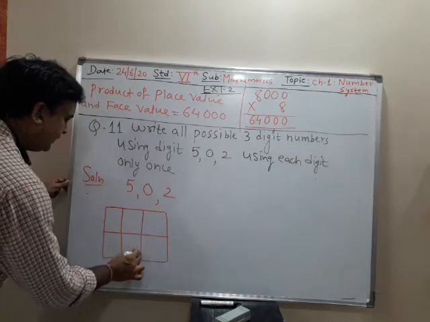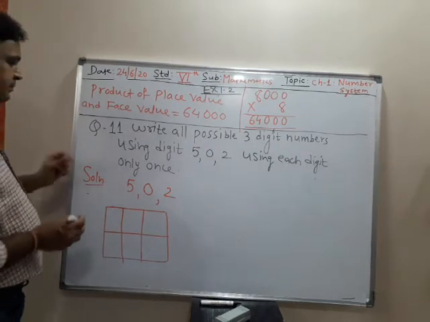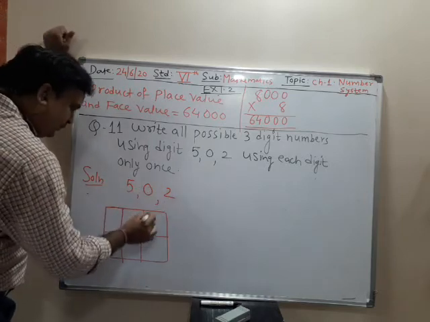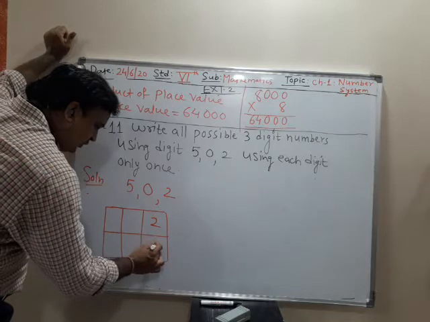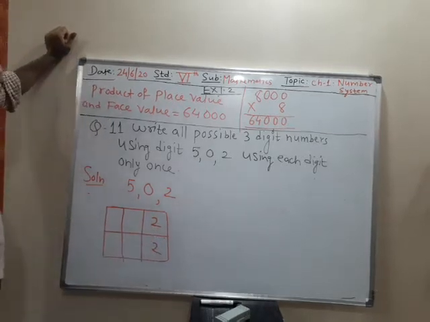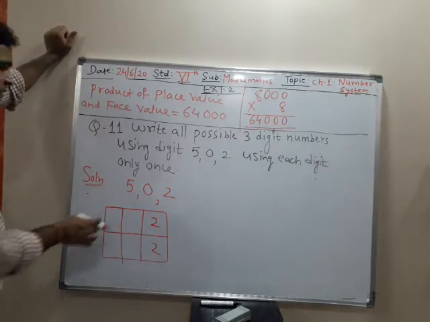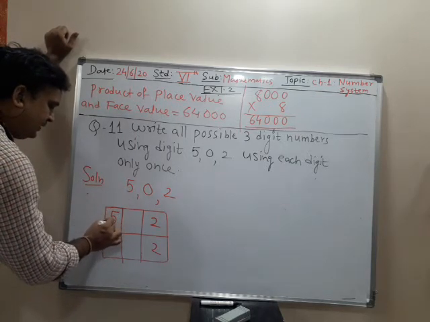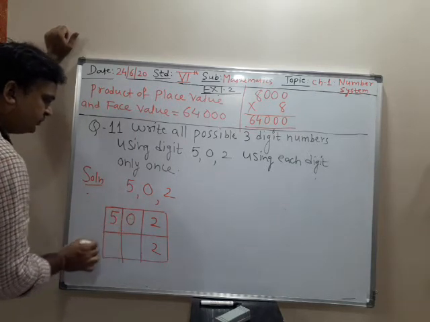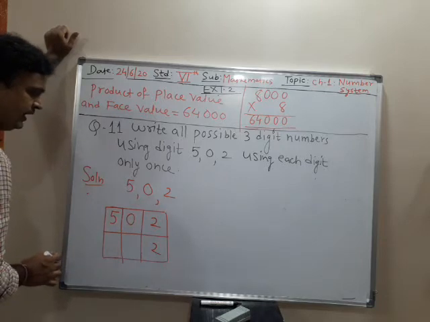Now first, let me keep this 2 in the ones place. Then which digits are left? 5 and 0.